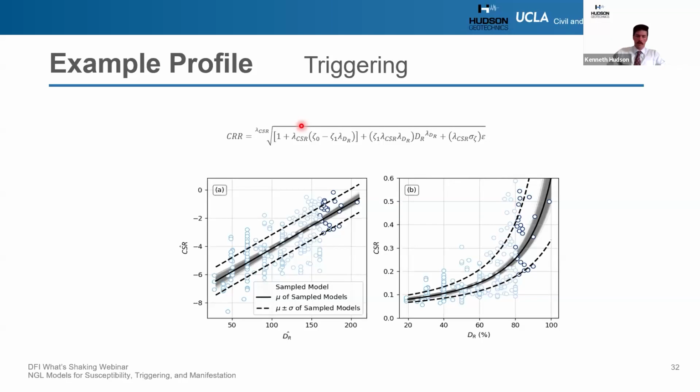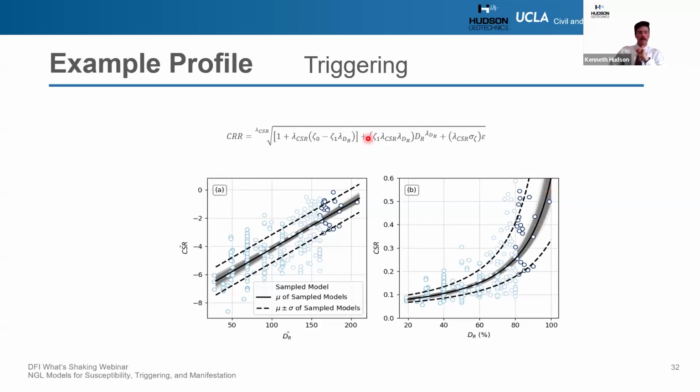And we developed new triggering models based on a big laboratory data set that was compiled for this. And we used this laboratory data set triggering model as a prior again within our manifestation model. So it gets updated to a posterior in our final model, taking into account field effects that aren't accounted for in the laboratory-based model, but we were able to develop this model from laboratory tests.